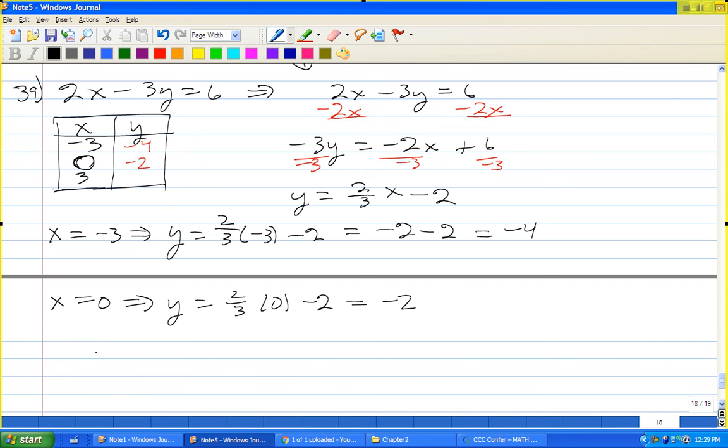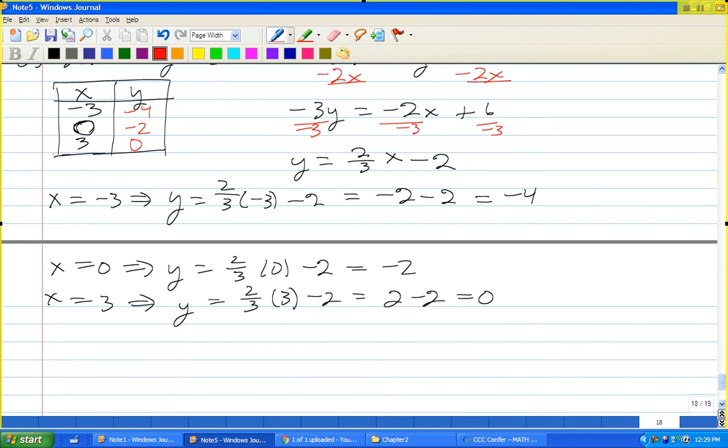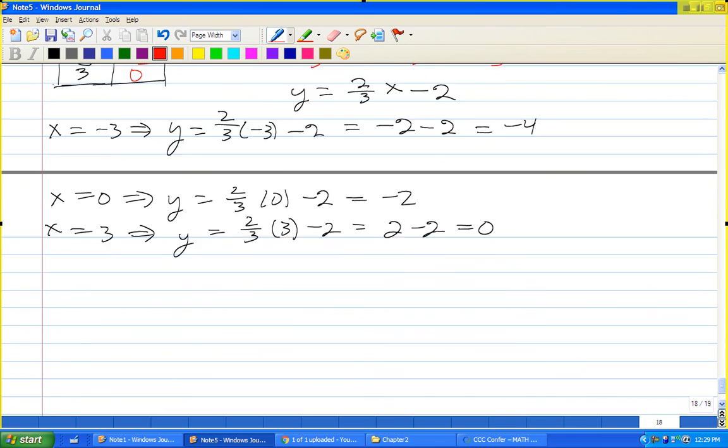Lastly, let's see what happens when x equals +3. So y equals 2/3 times 3, which is +2, minus 2, which is 0. So actually I drew two of the intercepts, or both of the intercepts, maybe I should say better.